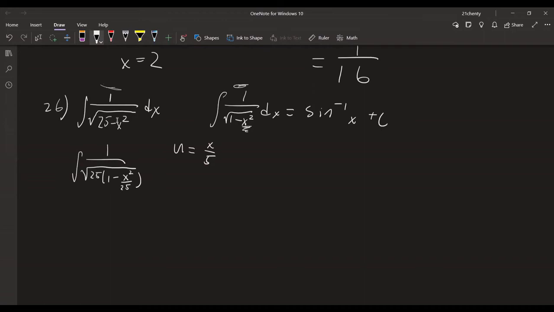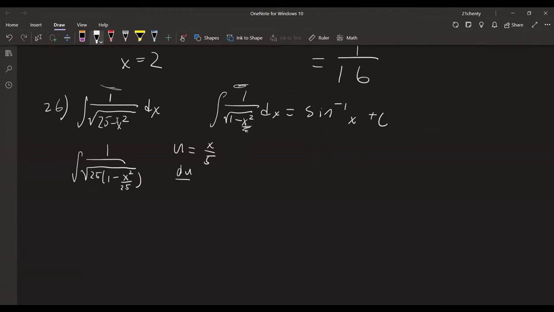But it doesn't have to be a perfect square, it just makes it look a bit nicer. If it was like 20 instead of 25, it would be x over rad 20. But it still works. In this case, we have nice numbers.